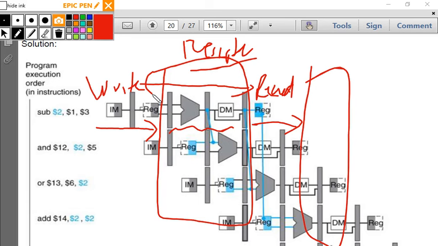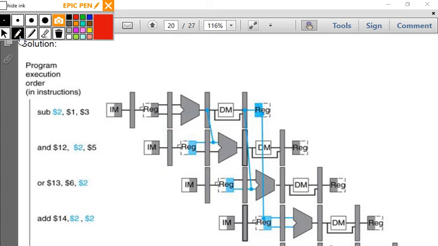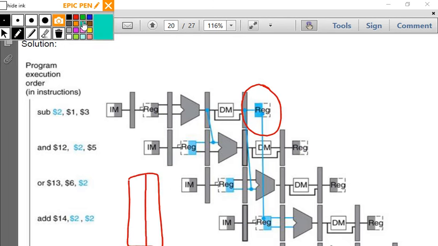Remember me saying write then read capability of the registers? And the reason we want to do that is because it will eliminate pipelining hazards. So you write to the register first, then read from it. And that's why in these drawings that they provide in the textbook, they have it broken up into a register where the first half is blue, right?